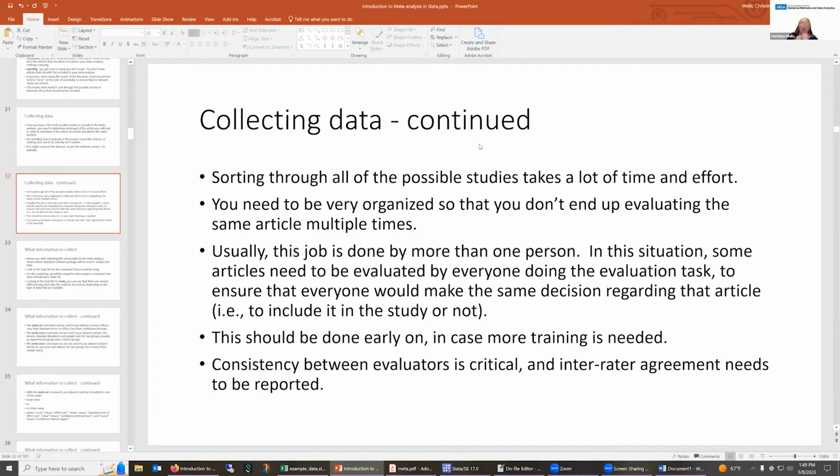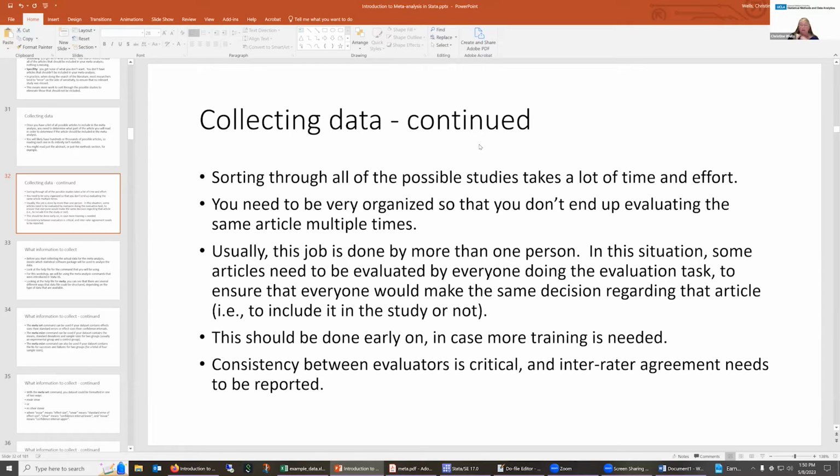Because of the volume of articles, this is typically done by more than one person. You can see where I'm going with this. Once you have more than one person reading these articles, you are going to have to do some sort of inter-rater reliability measure to ensure that there's consistency between the two or more people who are doing this reading.